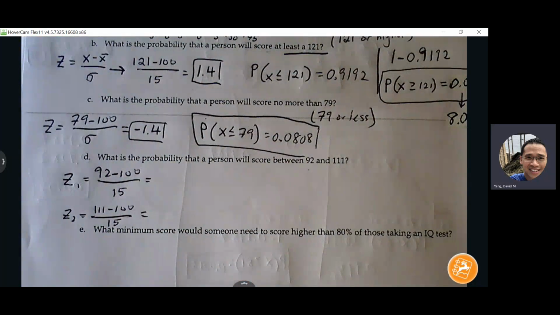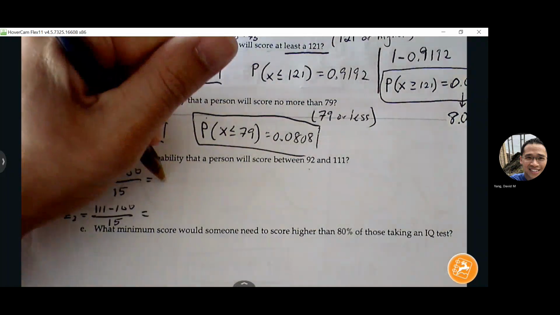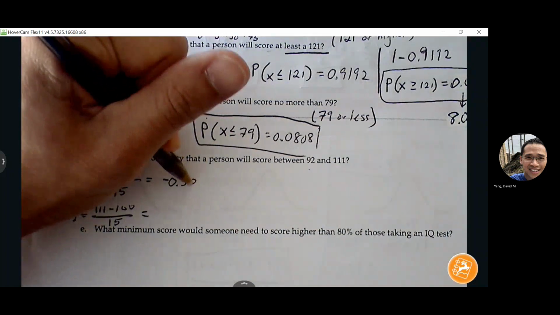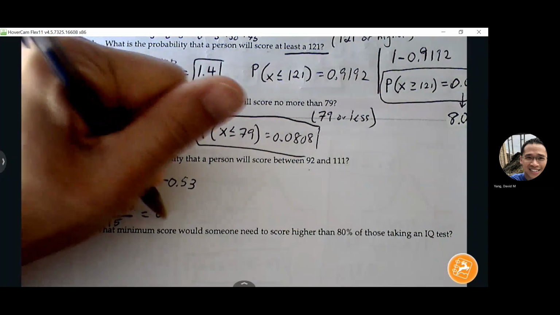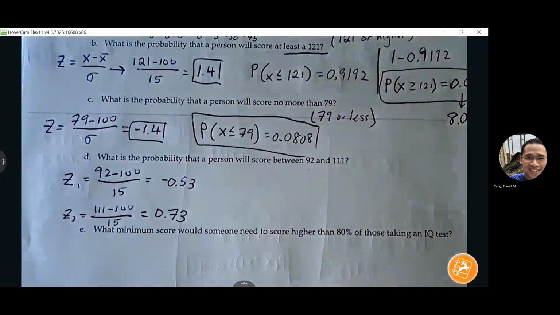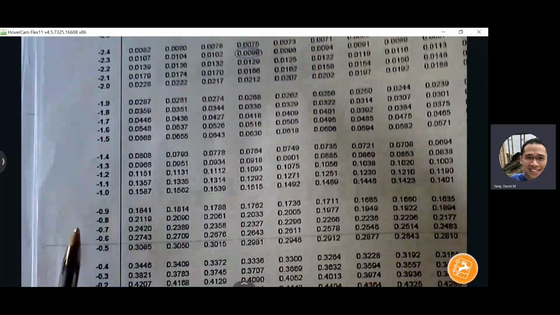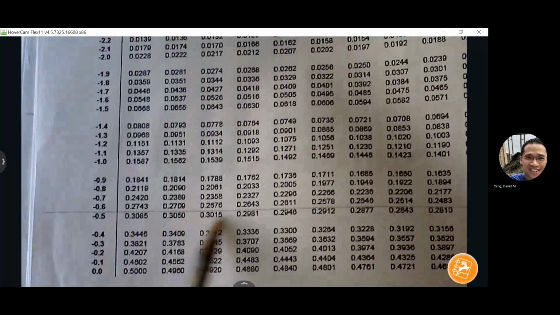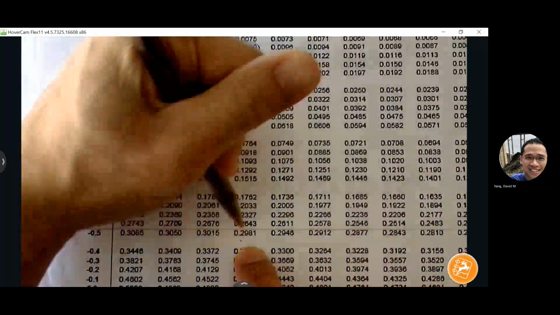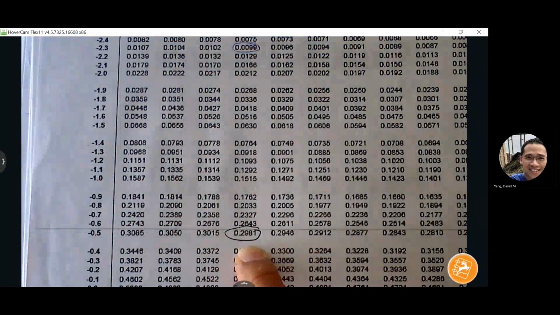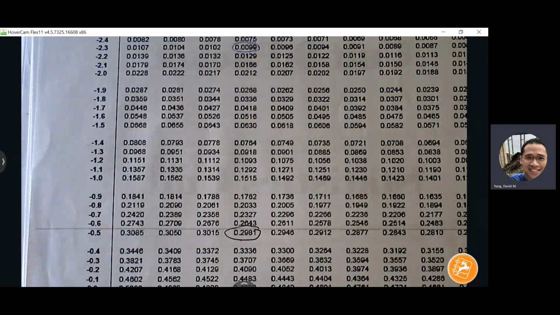I'll call it Z1 and Z2. Okay. Negative 0.53, negative 0.53. 0.2981.